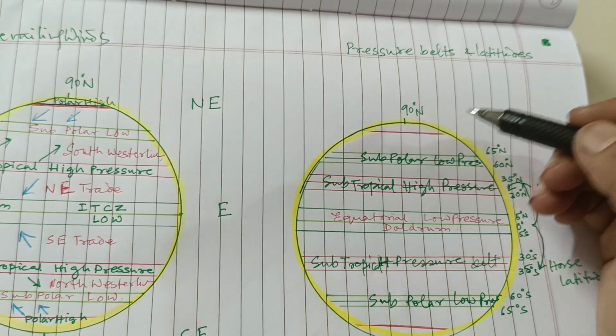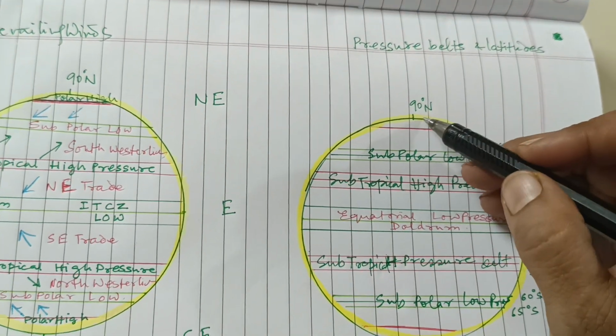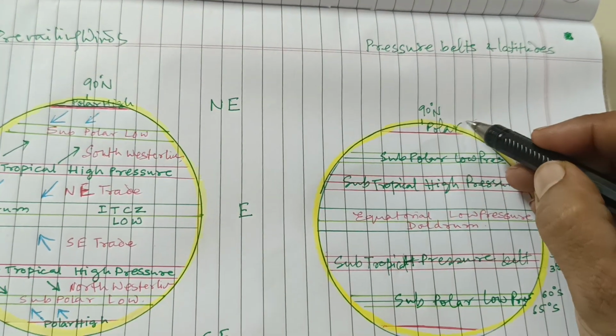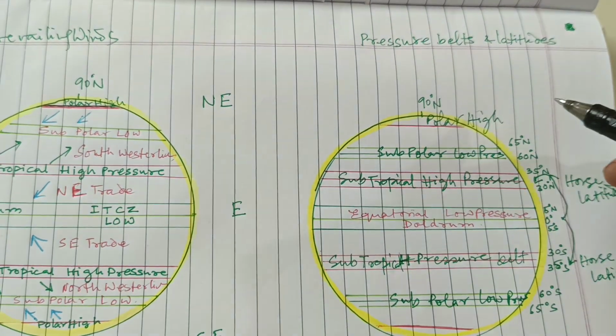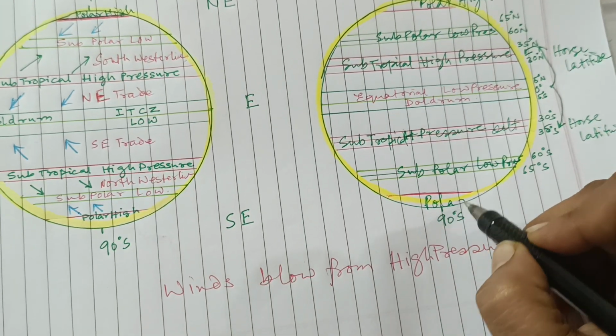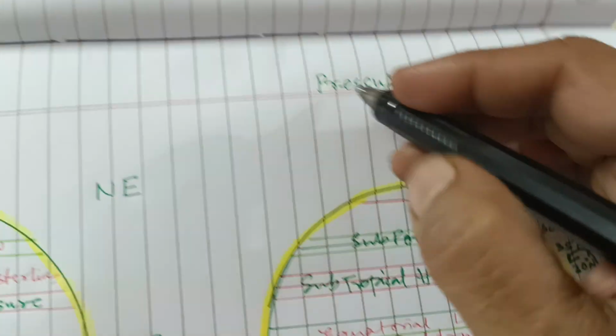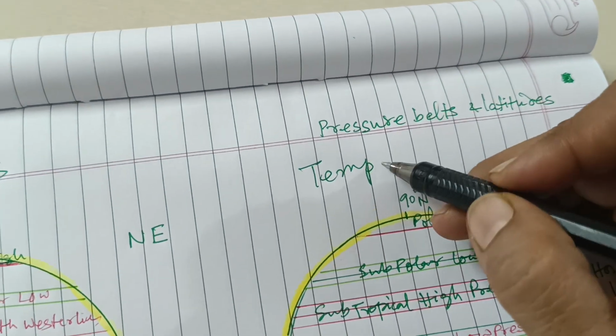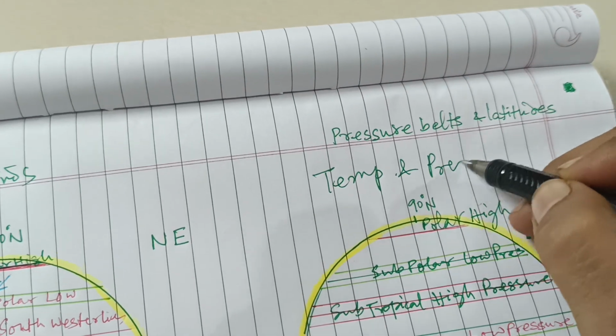Now we all know that the polar region is very, very cold, and that is why polar high pressure is created. Here also we can see polar high pressure. Now what is the relationship of temperature and pressure?